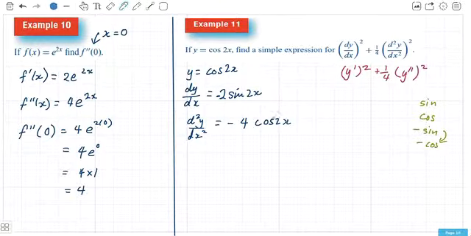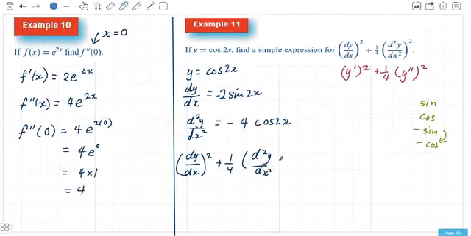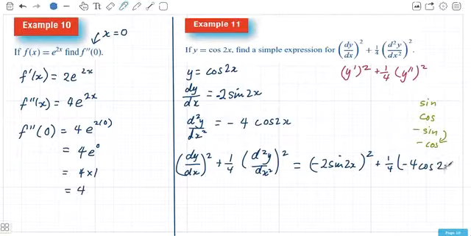Okay, now we've got the pieces that we need. We can put them into our formula. So (dy/dx) squared plus a quarter of (d squared y/dx squared) squared equals, putting in dy/dx, negative 2 sine of 2x, all squared, plus a quarter of negative 4 cos of 2x, all squared.